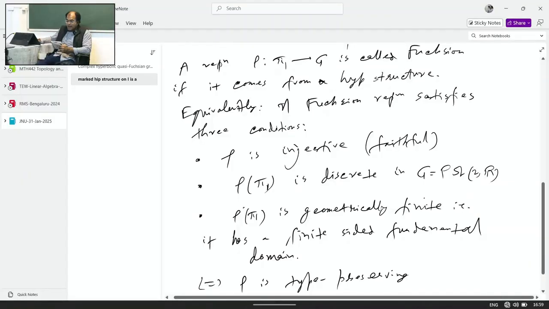Okay. So these are the three conditions that a Fuchsian representation satisfies. And this is one realization of the Teichmuller space that you were looking at.